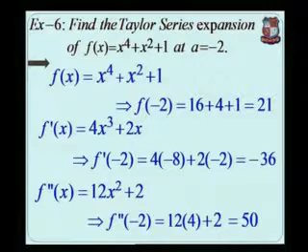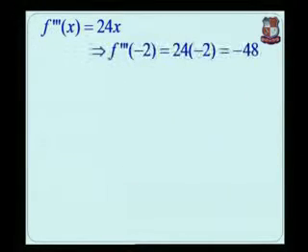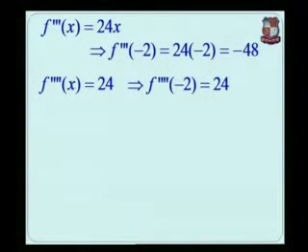We find out f(-2) is equal to 21, f'(-2) is equal to -36, f''(-2) is 50, f'''(-2) is -48, and f⁗(-2) is 24, and all other derivatives, fifth and sixth and others, are 0.